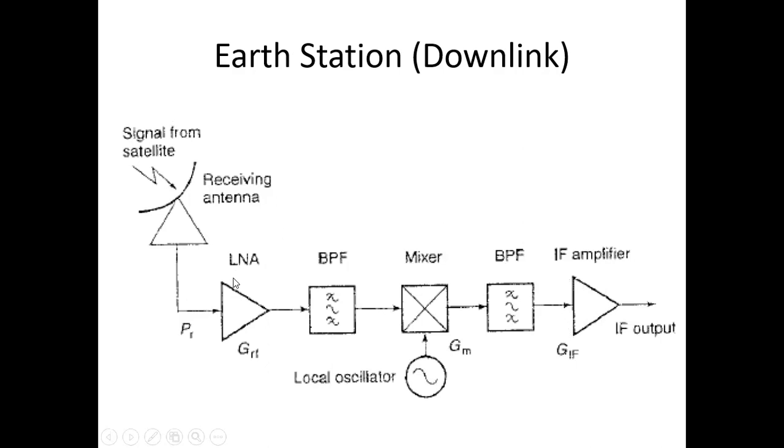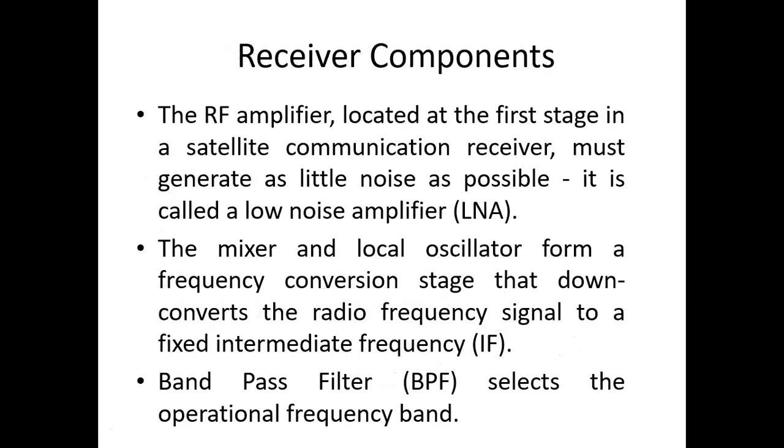Okay, the amplifier at the early stage has a wide bandwidth, but after this mixing operation, it is converted to a small bandwidth. Okay, and so you can use an IF amplifier. So this is why I covered that superheterodyne principle right before presenting this satellite. Okay. So this is just what I have explained.